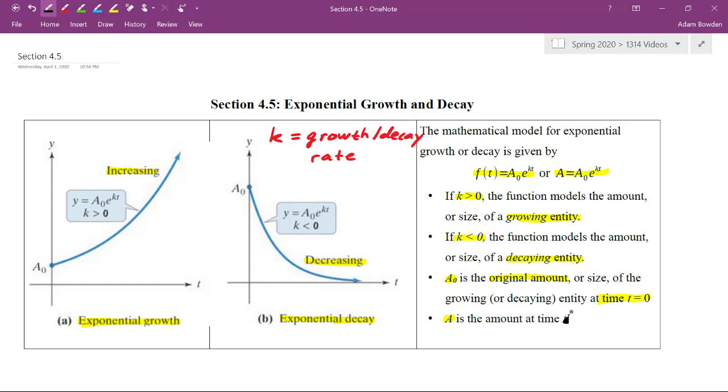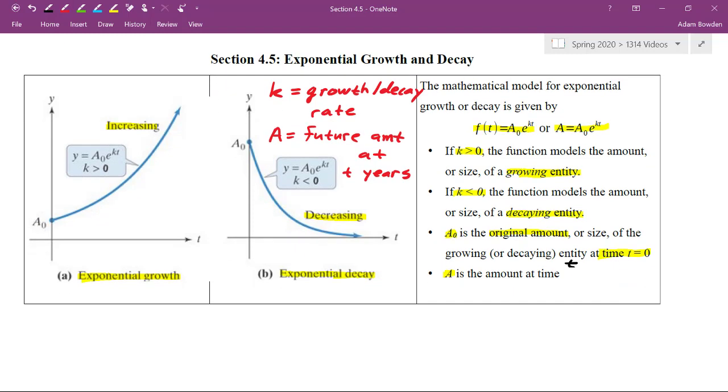A is the amount at time t down in the future, basically, at t years. So we have time t, A is the amount in the future, A naught is the starting amount, and K tells us how fast the exponential growth or decay will happen.